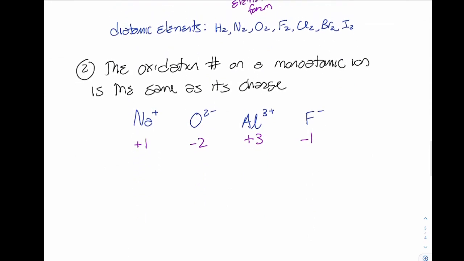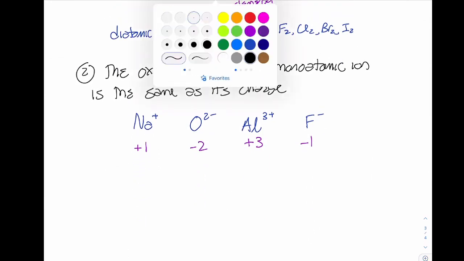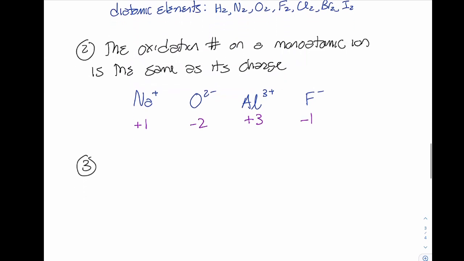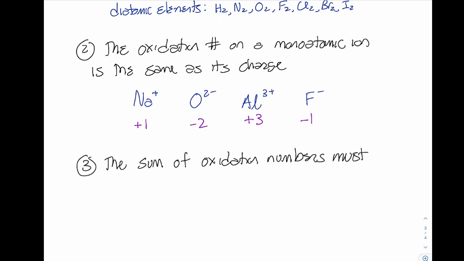So our third rule, because we're going to start getting into covalently bonded compounds next, is that the sum of oxidation numbers must equal the net charge.